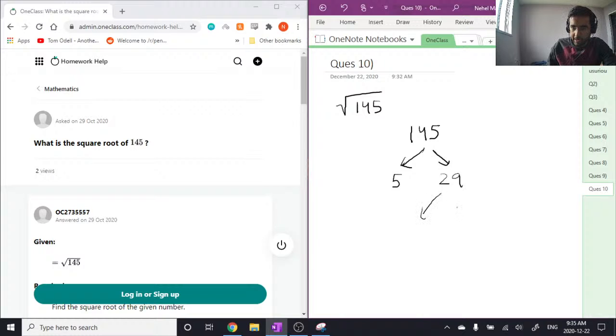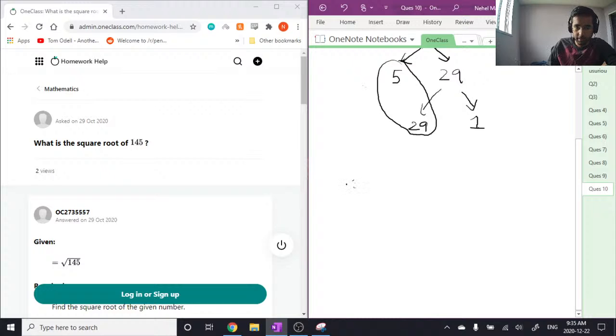And then to factor 29 further, we can see that again 2, 3, 4, 5 won't be a factor, neither is 6 and neither is 7, which tells us that this odd number actually has no further factors which we can identify. So the next factor for 29 is itself, which is 29. So we get these two to be our prime factors.